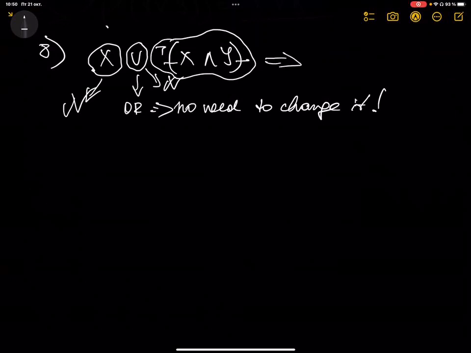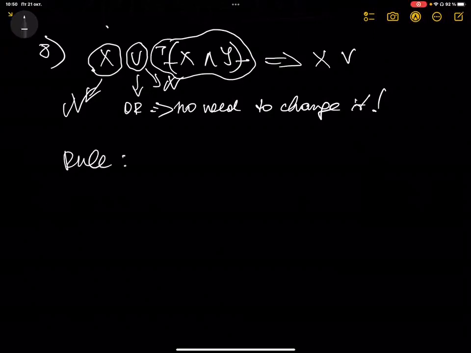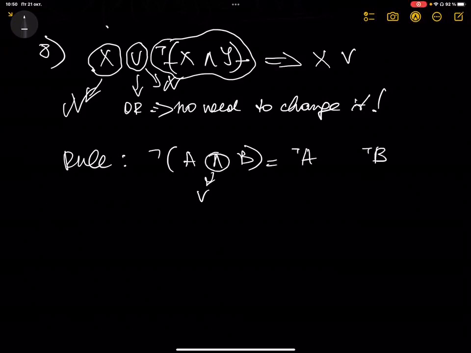So what will be the outcome? So X or... I'm opening the brackets, okay? See, this is a formula or rule, okay? Say there is A or B, for example, it doesn't matter, it can also be and. You open the brackets, you write negation A, negation B, and if there is and, it's going to be or.